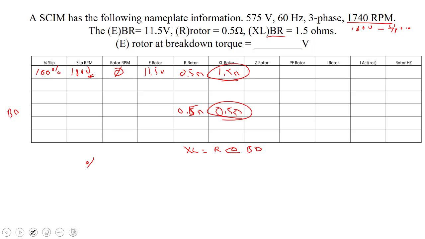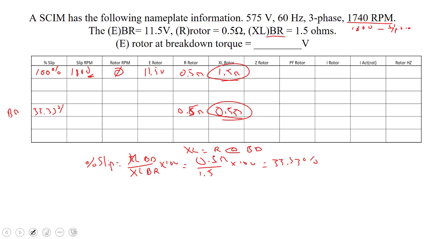The percent slip will be equal to the XL at breakdown divided by the XL at blocked rotor times 100. So 0.5 divided by 1.5 times 100, and we are at 33.33%. So there's our breakdown percent slip.